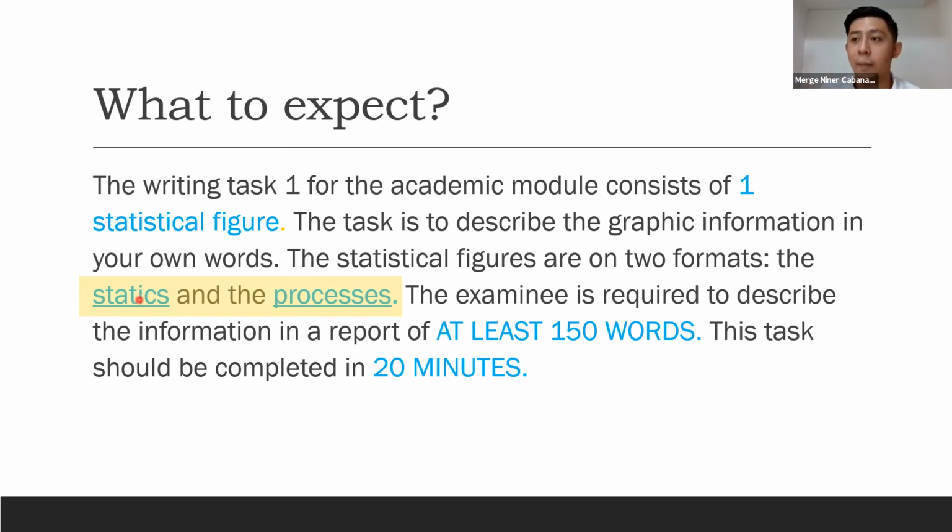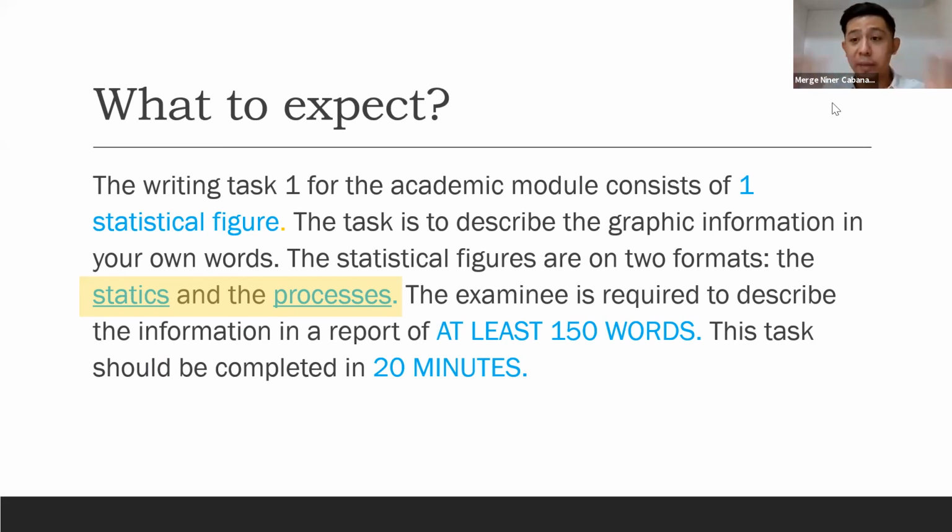The topic of that lecture is writing task 1 major academic. So it tells about the comparison of statics and processes. Now, sir, I have not had the opportunity to attend that lecture. So what is a general idea of a static as compared to processes?